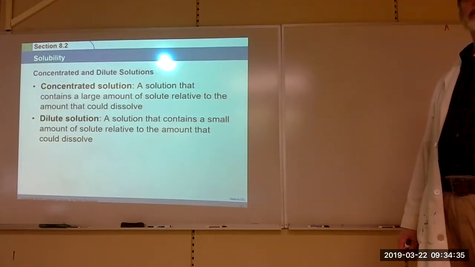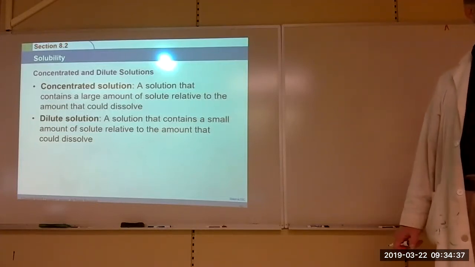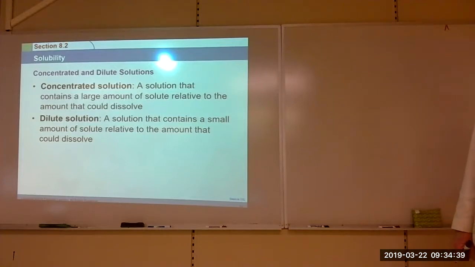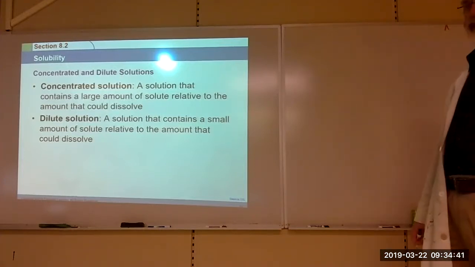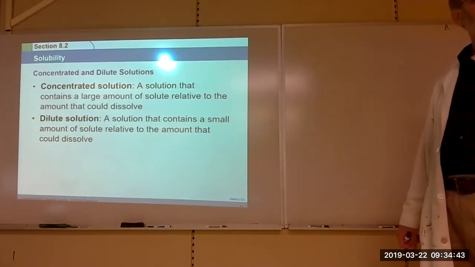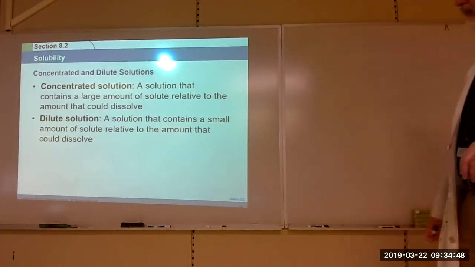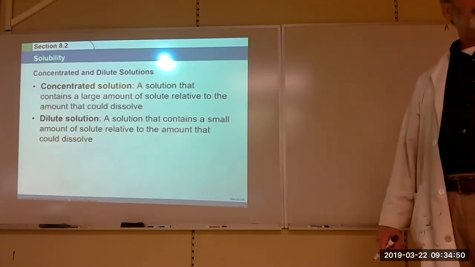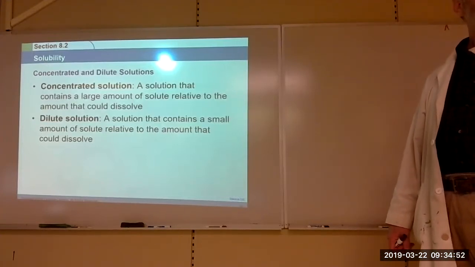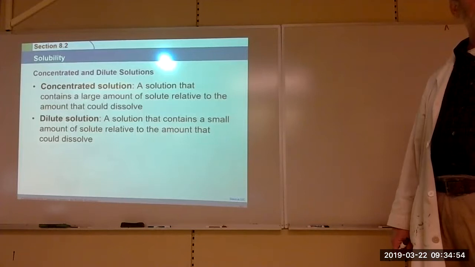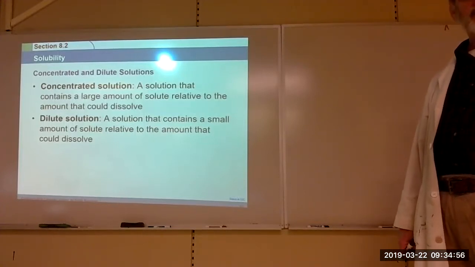A dilute solution might be 0.01 molar hydrochloric acid. That'd be a pH of 2. We haven't talked about pH yet, have we? That's later. Acids and bases. A concentrated solution of hydrochloric acid is readily available. I used to buy it this way, 37% hydrochloric acid.